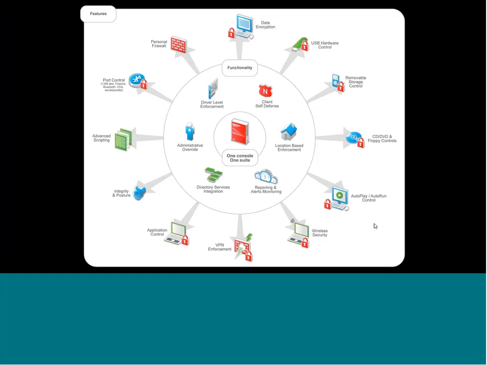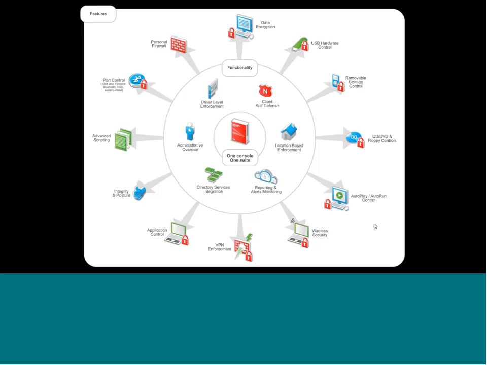So a great example of this is perhaps you want to allow your users to bring their iPods in, be able to play music from any of their music devices, whether it's on their phone device, their iPad, their iPhone, their iPod, but you don't want them going out to the internet in order to purchase or download movies or music.